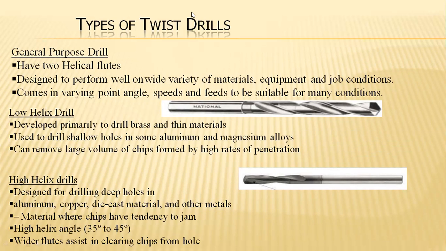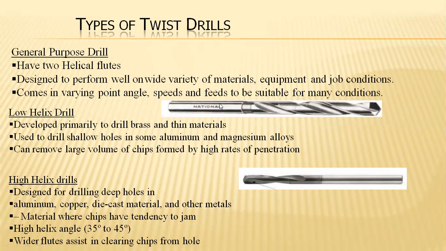Coming to the types of twist drills, general purpose drilling operations use drills having two helical flutes. Flutes here mean the helical structures, of which there are two at the tip.